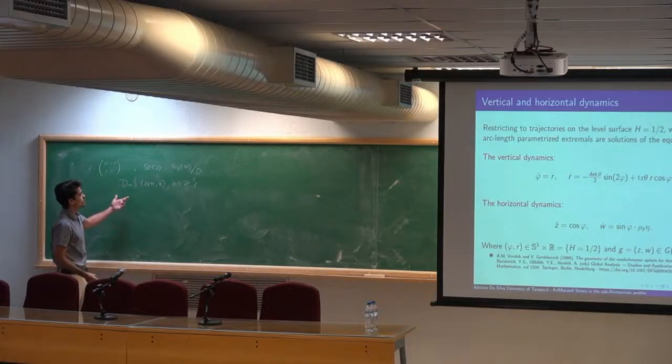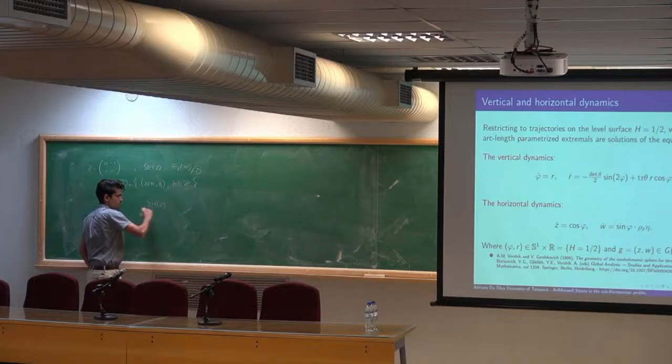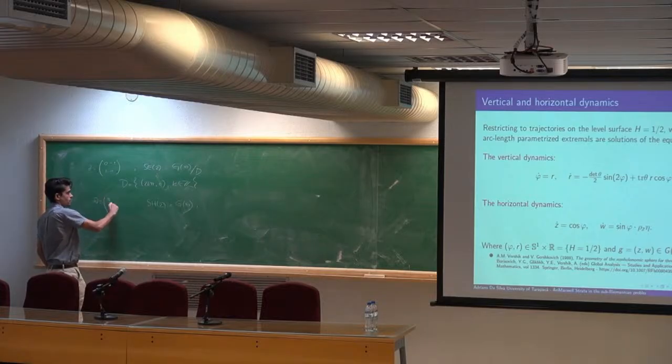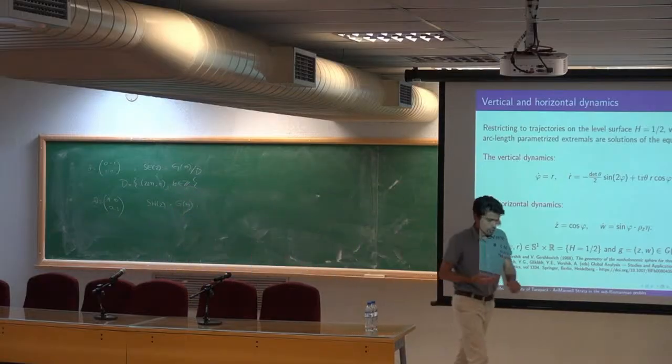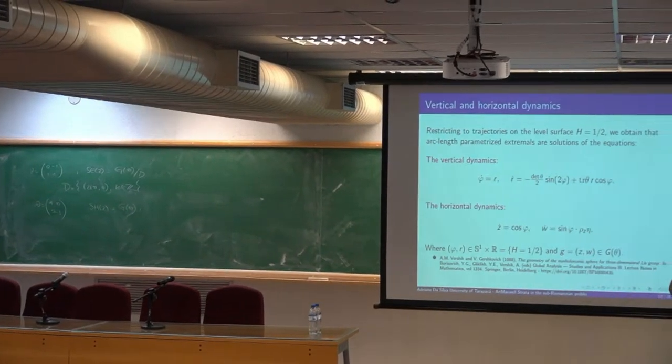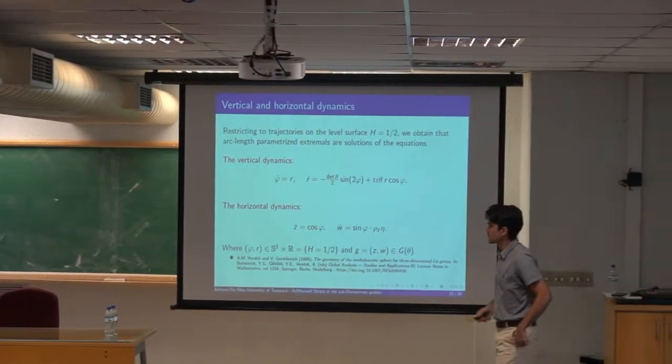So SE2 is recovered as this, and SH2, up to some isomorphism, is G theta where theta is precisely 1 and -1. It is the group of proper motions of the hyperbolic plane, if I'm not mistaken.